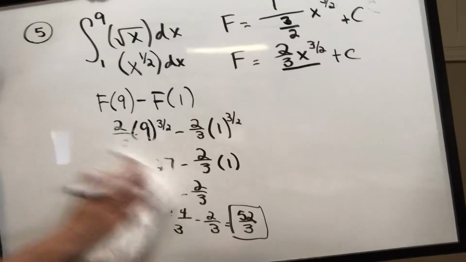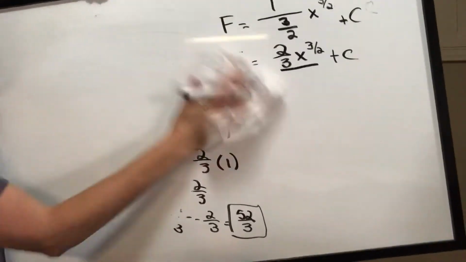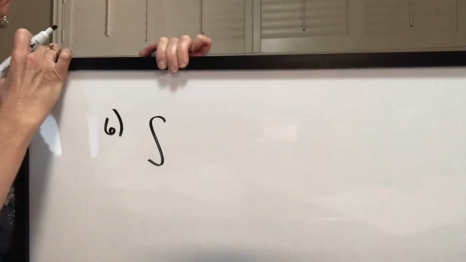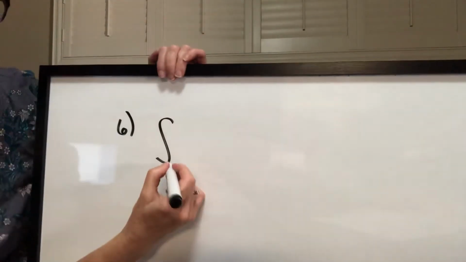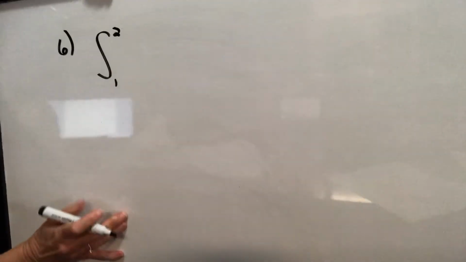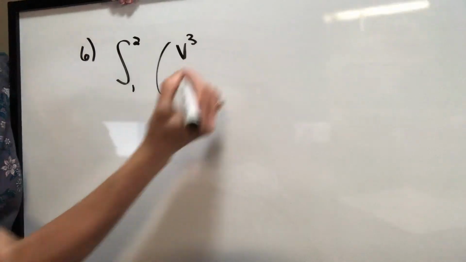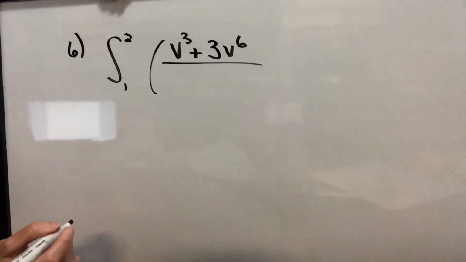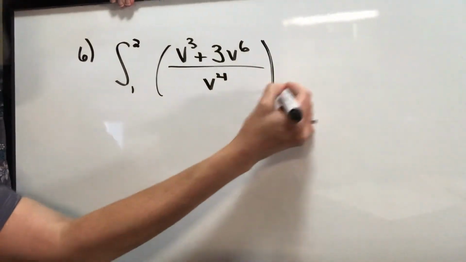Okay, well, we only have one more problem to go. Okay, so for number 6, last problem is the integral from 1 to 2 of v cubed plus 3v to the 6th over v to the 4th dv.